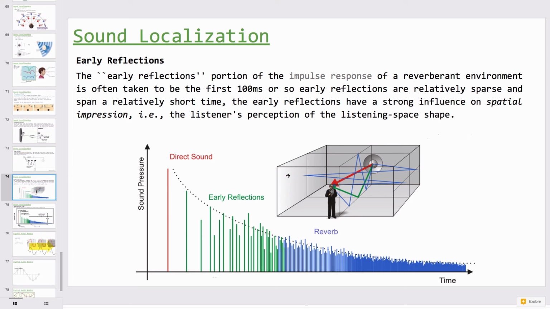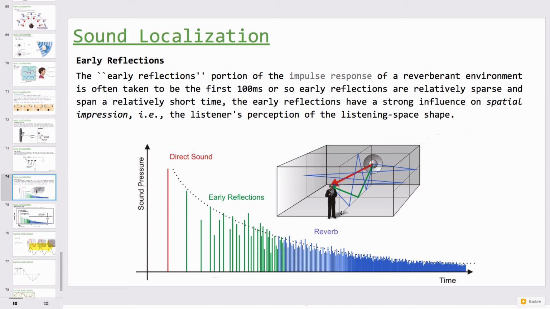The early reflections are the ones that happen within the first 100 milliseconds or so, and they have a really strong influence on the spatial impression. Basically, those early reflections getting to us are going to give us a sense of the space. If you ever get a chance to try this, do a little clicking in the space. Maybe close your eyes or blindfold yourself and then click around in a room.